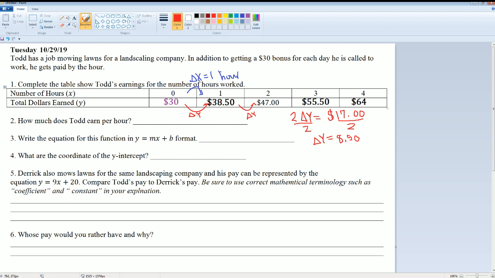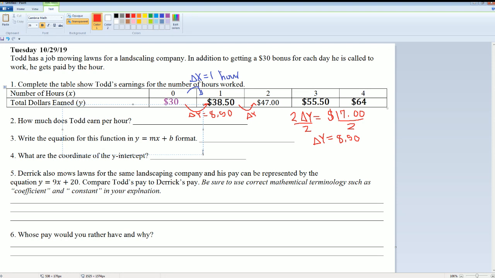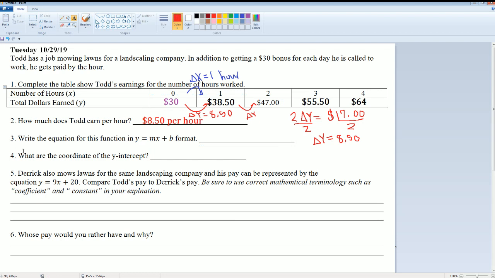That is your dollars earned. How much did he make per hour? We would say he made $8.50 per hour.